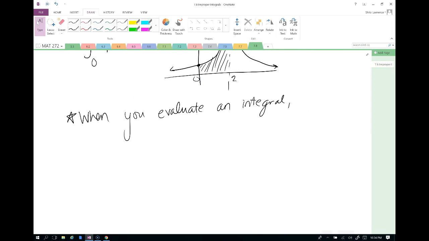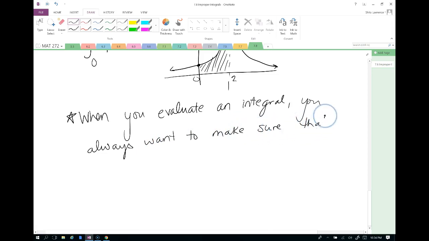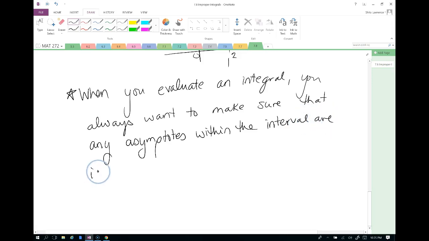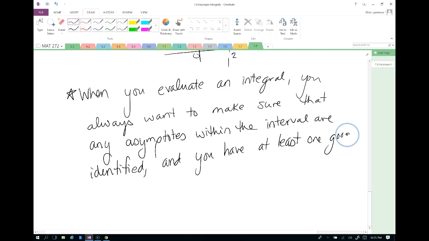So when you evaluate an integral, you always want to make sure that any asymptotes within the interval are identified, and you have at least one good endpoint.